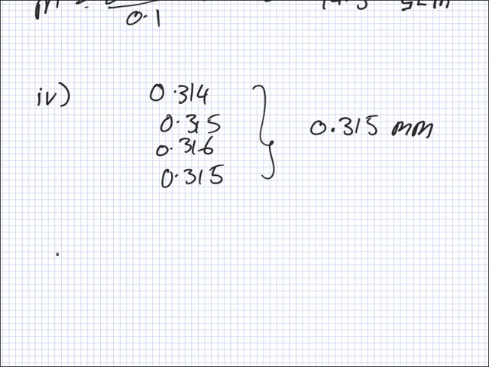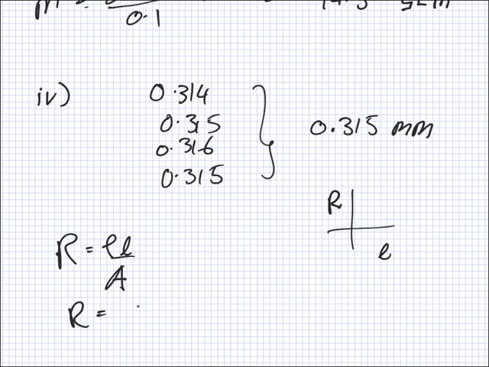And then the last part here is what's the resistivity? So resistance is rho L over A. Okay. On the graph, you had L here and R here. Now, if you look at this, R equals rho over A times L. So this slope here, what does it represent?